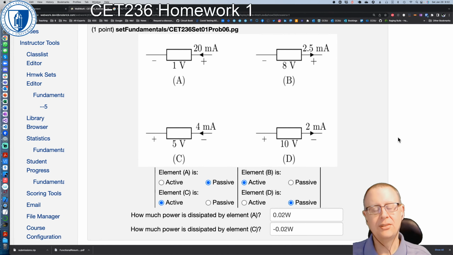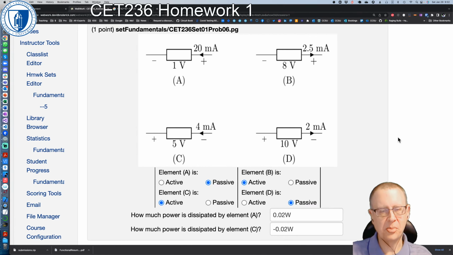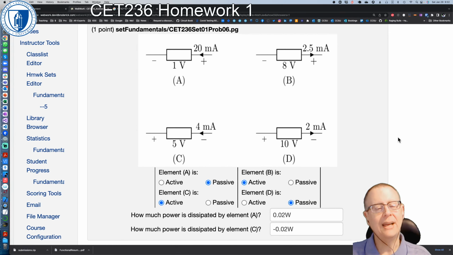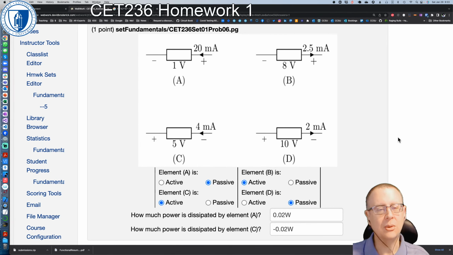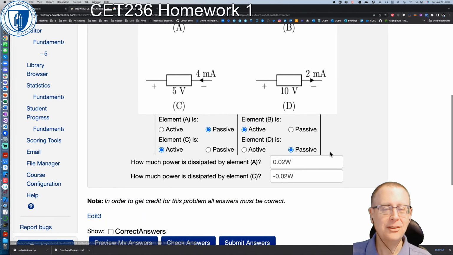C has the current flowing into the negative or out of the positive, so that's also active. And D has the current flowing out of the negative or otherwise into the positive, so it's passive as well. So that's what the selections are. I think you probably get the same answers.